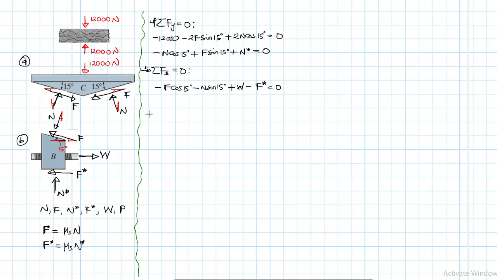Great. And then we have these other equations that we just invoked: F equal to mu s N, which is 0.2, the coefficient of static friction between all boundaries, times N. Then F star is equal to mu s N star, which is basically 0.2 N star.